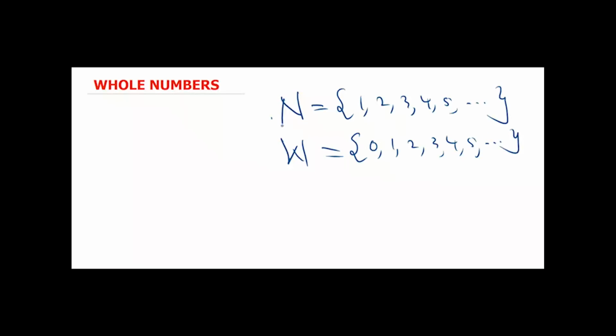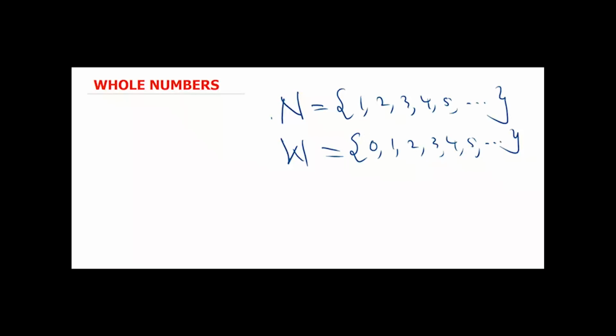So the only difference between the set of natural numbers and the set of whole numbers is 0. So if you precede the set of natural numbers with 0, then you have the set of whole numbers. So all natural numbers are whole numbers, including 0.